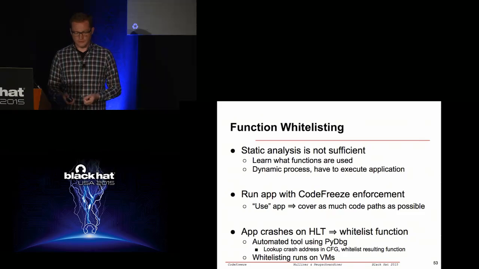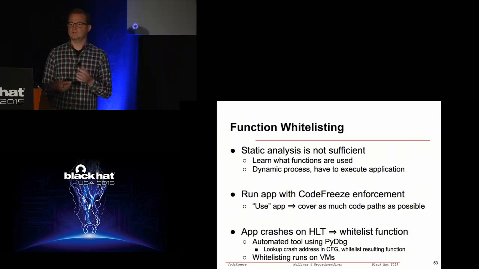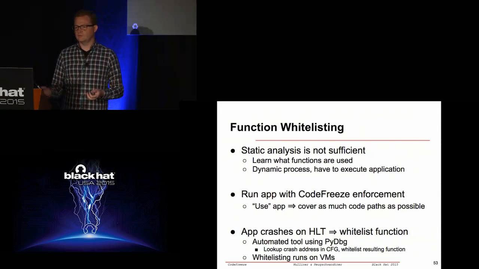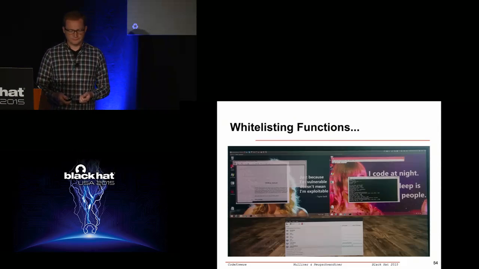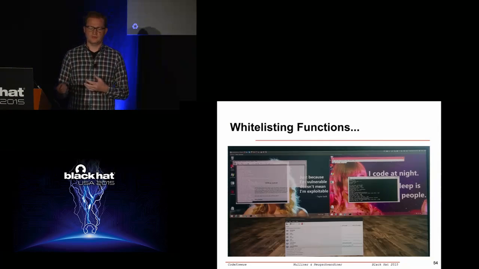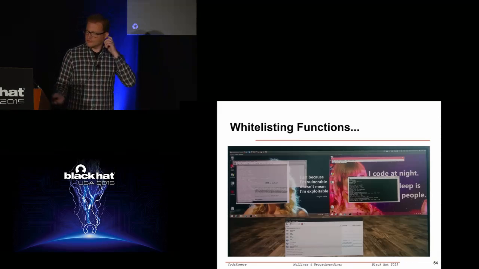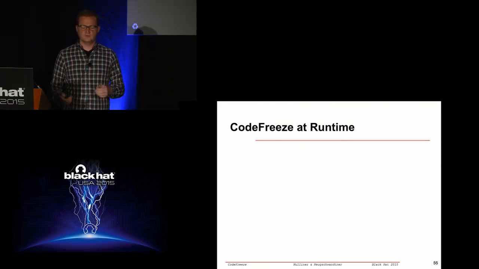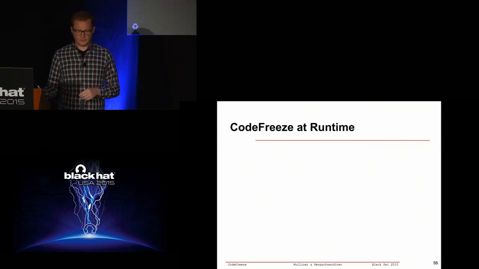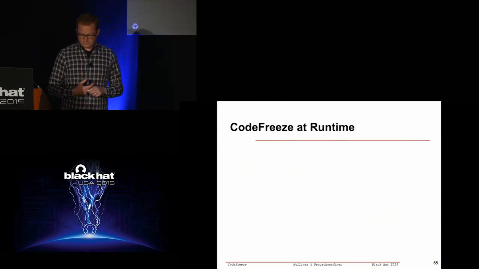We have this fully automated: we just run an application on a VM, with automatic generation of this whitelisting. It's just two screenshots: we have two Windows VMs running Adobe Reader to test it out with this function enabled.